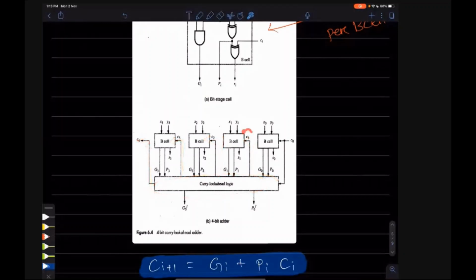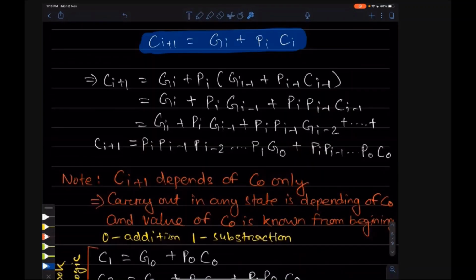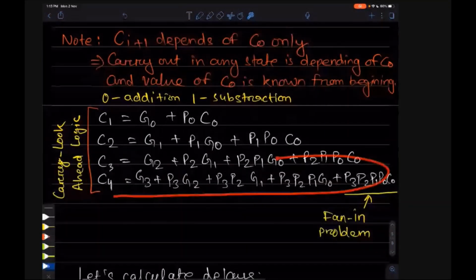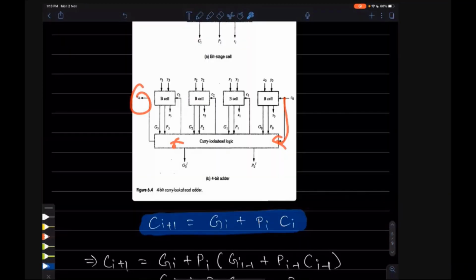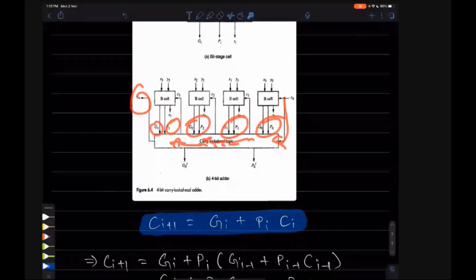So now C1 does not depend upon C0 through a chain, C2 does not depend upon C1, and C4 does not depend upon C3. Because we know C0, we can directly compute C4 using some AND and OR operations on G, P and C0.